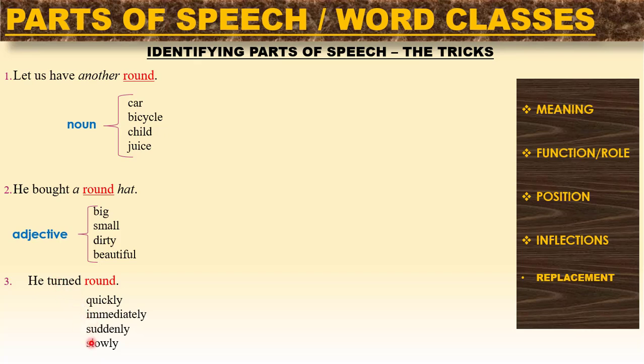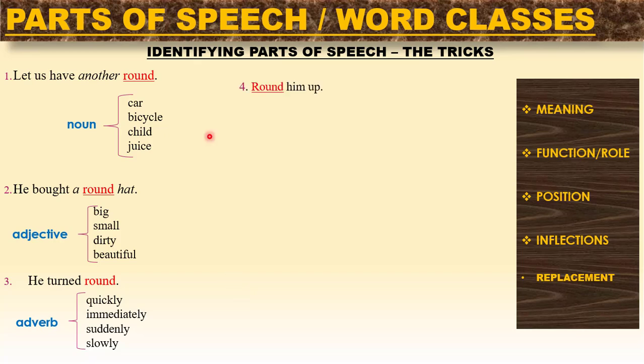He turned slowly. So what do you think will be the word class of round? Obviously, it will be adverb because all these are adverbs of manner, meaning round here is also functioning as an adverb, telling us how the action was done. So by the replacement test, it is very effective to help you to identify the word class of a word.